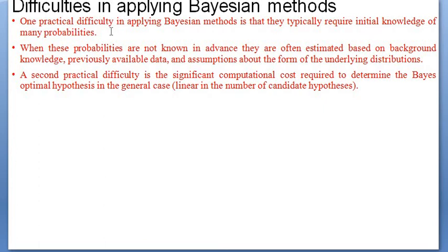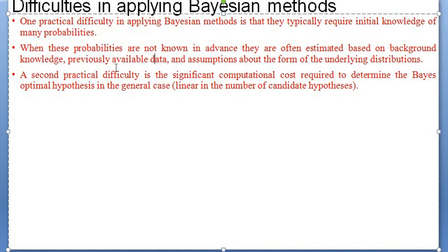When these probabilities are not known in advance, they are often estimated based on background knowledge, previously available data, and assumptions about the form of the underlying distribution. So you should know the background knowledge of that data and what previous data is available on the particular problem, and then we can assume certain things about the distribution.